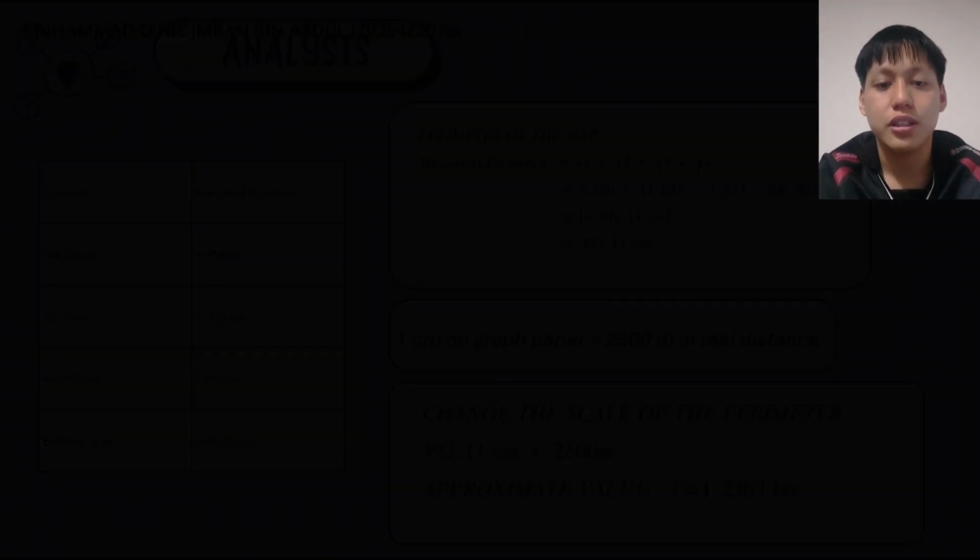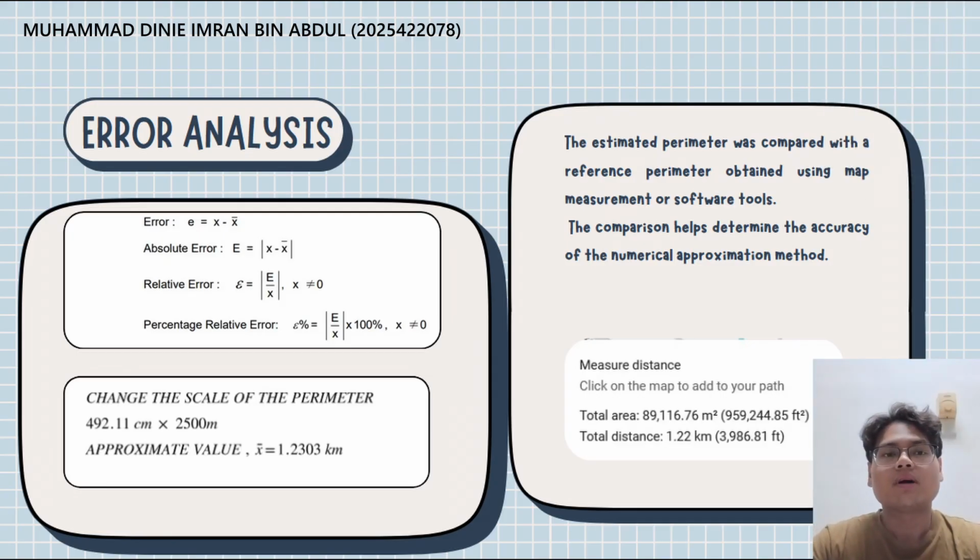1.2303 km. Moving on to our error analysis, we evaluate the precision of our numerical model by comparing it to a real-world baseline. To establish this baseline, we used Google Maps as a distance measurement tool to meticulously plot sequential pins along the actual shorelines of Tasik Seksyen 7, which gave us a true reference perimeter of X at exactly 1.22 kilometers.